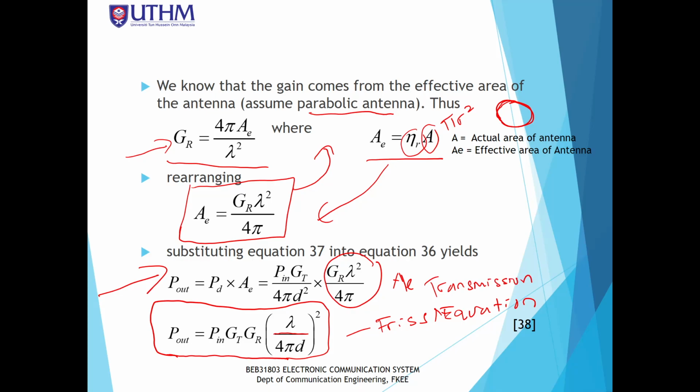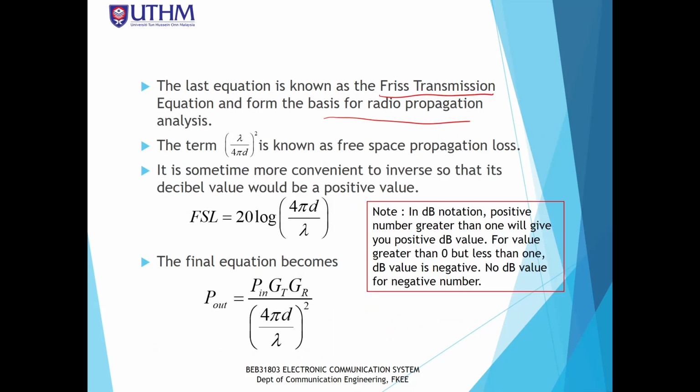If you want to Google, you can search for Friis transmission equation. So this is the equation. And the last term, lambda over 4 pi d square, is known as the free space loss, also known as the FSL. Short formnya adalah FSL. So this is the loss due to the distance.